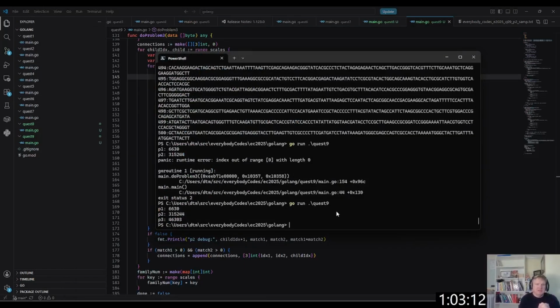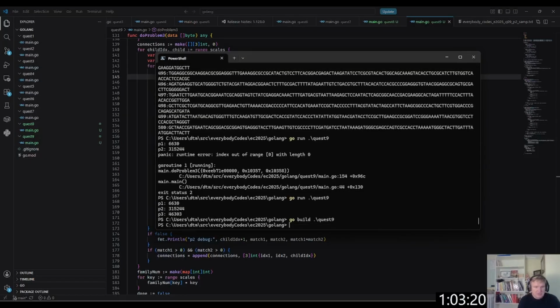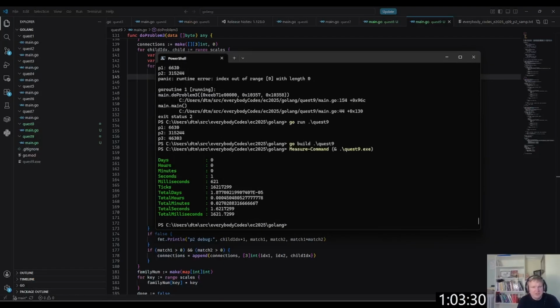Okay, so I'm not really happy with how fast this runs, or rather how fast it doesn't run. So maybe there's a way to get this to run a little faster. Yeah, 1.6 seconds. I generally like to get these quests to run at under a second.